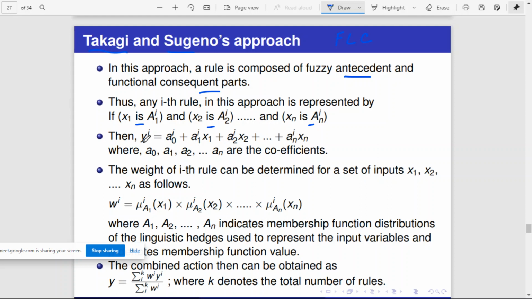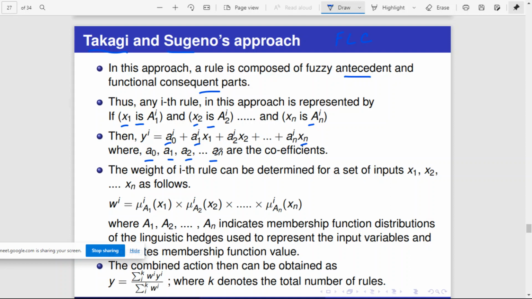This is one of the crucial jobs of the engineer who decides on the Takagi and Sugeno approach. I don't think there is any fixed logic to identify these coefficients. It may be based on experience or on trial and error, but the coefficients should be identified appropriately so that the model works better, right?